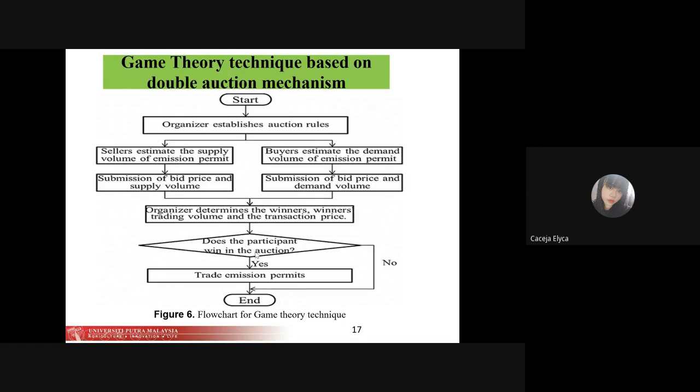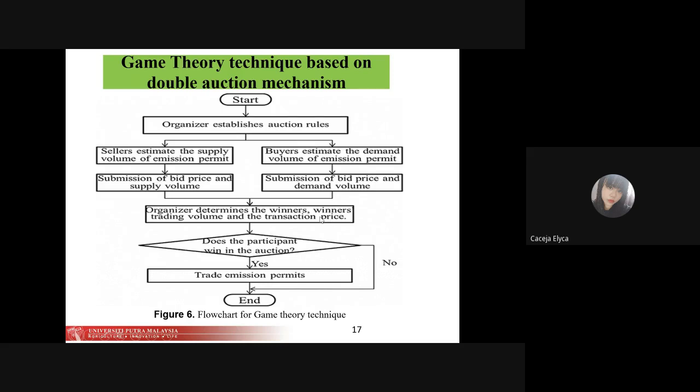If the participant wins the auction, the trade emission will be permitted. If they don't, they come to the end, which means they don't agree with each other.